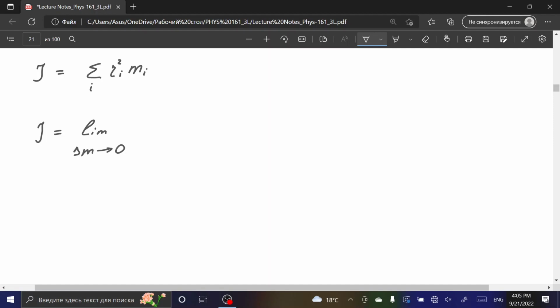So we consider very small elements of this rigid body, of this sum over all elements R_i squared times delta m_i. And in this case of a limit, we can substitute it with an integral of r squared times dm. So that's the equation which we can use to determine the moment of inertia of a continuous body.